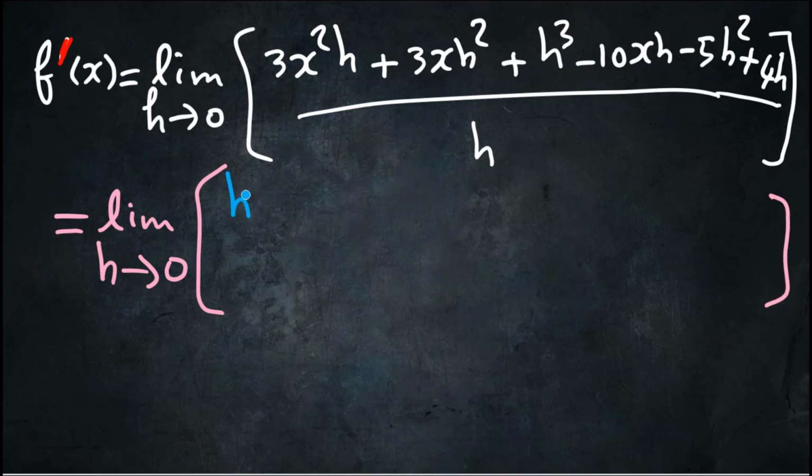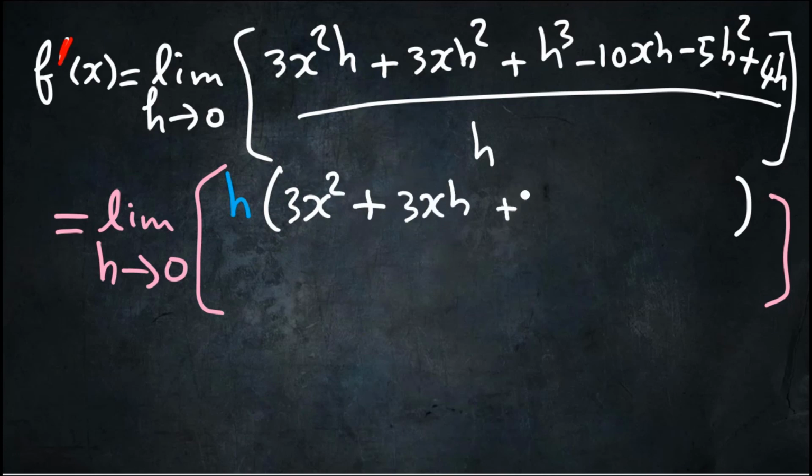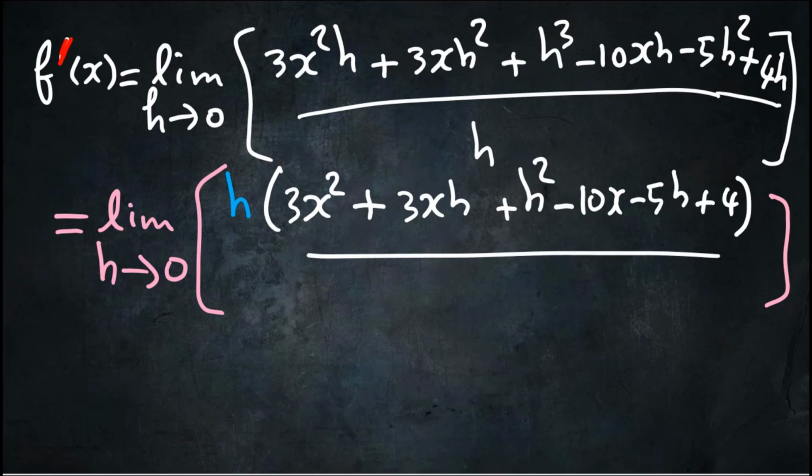As usual, we move h out. 3x squared plus 3xh plus h squared, right, because we remove one h, minus 10x minus 5h plus 4.